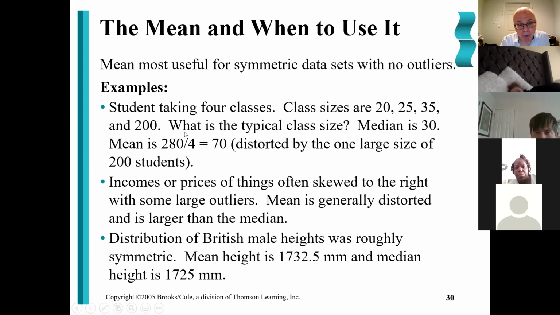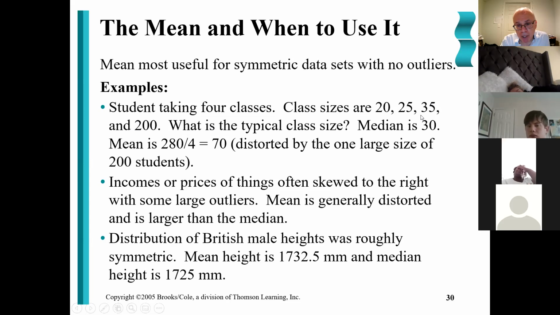When we add those 4 numbers up, does 70 seem to represent any of these numbers in the data set? That's because this 200 is unusually large compared to the other 3. So they're making the point here that the 200 is distorting the average, making the average larger. The 70 doesn't really represent those 4 classes very well, the average class size.